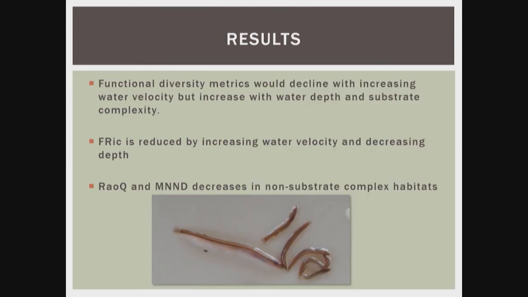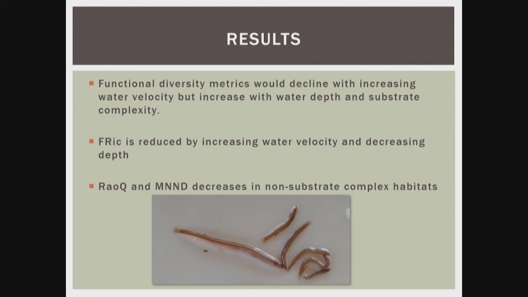Looking at my other hypothesis, I thought these functional metrics would decline with increasing water velocity and also decline as things get shallow and have non-structured substrates. What I did see is that functional richness did reduce with water velocity and with depth. This suggests that water velocity is not only a strong filter, but it also reduces functional richness.